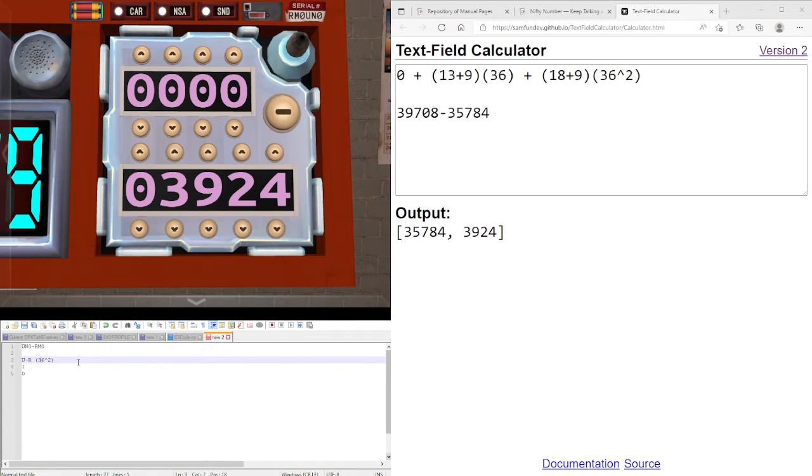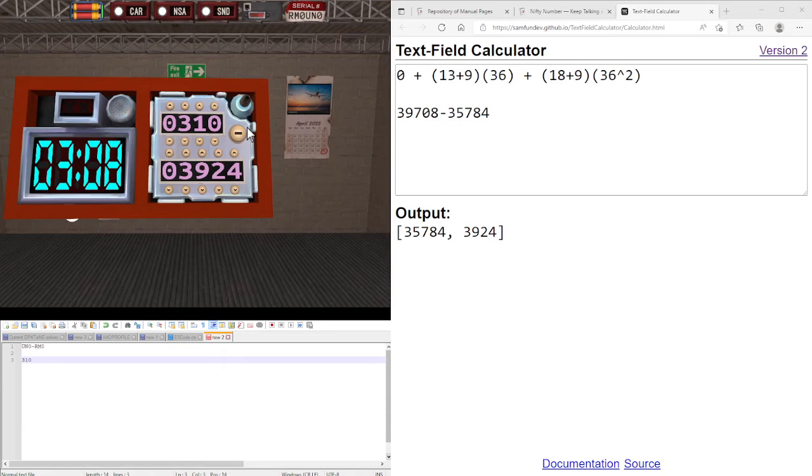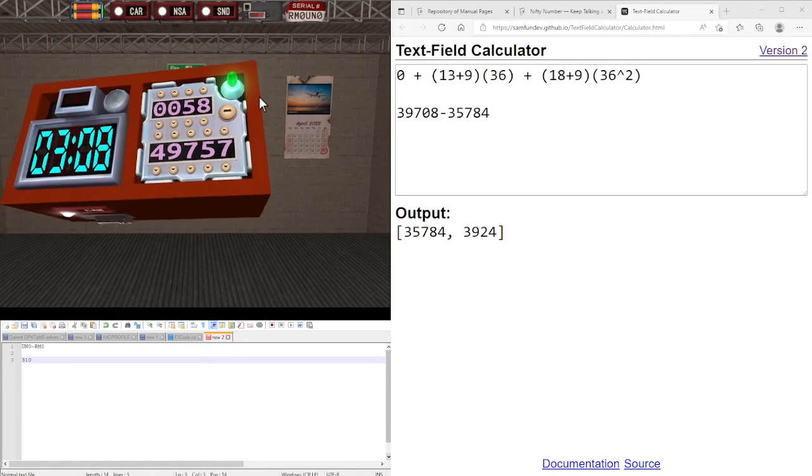And U minus R, this is 21 plus 9, which is 30, and 18 plus 9, which is 27, which boils down to 3. This is our second number, which is the base 36 version. Press the button, and the module is solved.